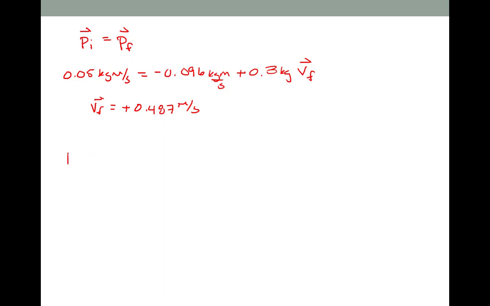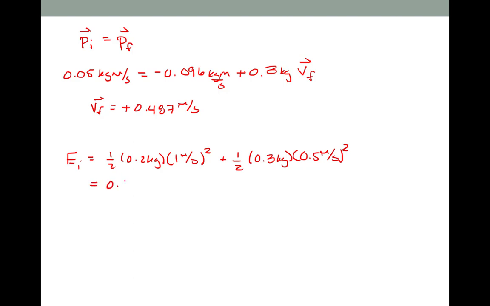The next part of the question: is energy conserved? So I can look at the initial energy, which has two terms: the initial energy of the 0.2 kilogram puck plus the initial energy of the 0.3 kilogram puck, which works out to be 0.1375 joules.